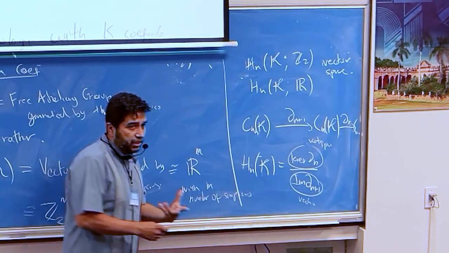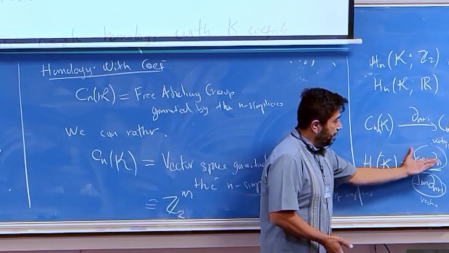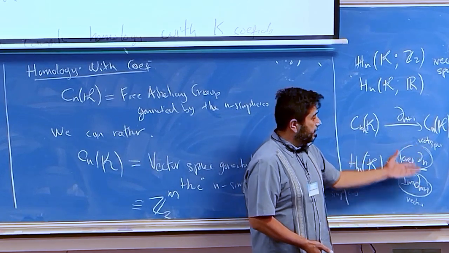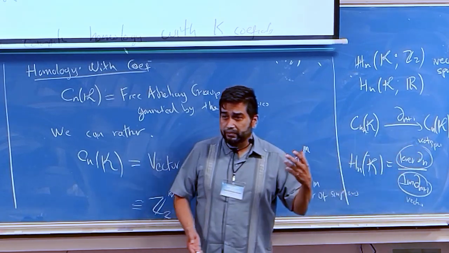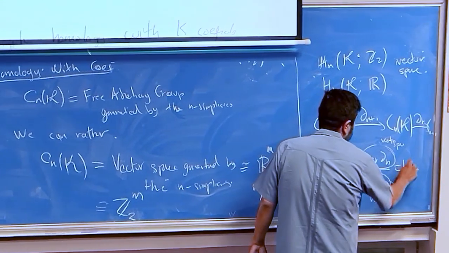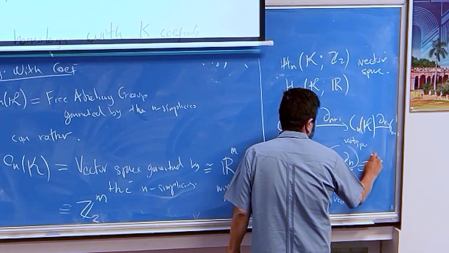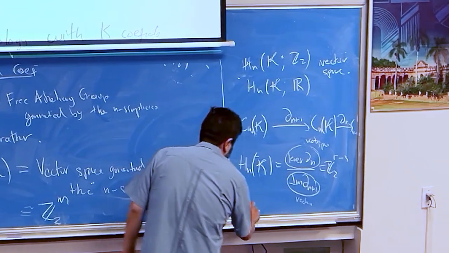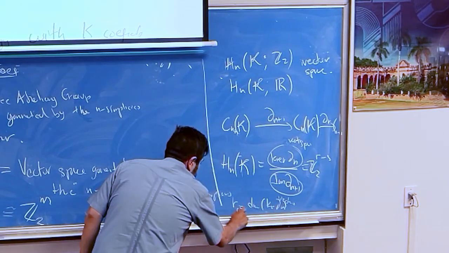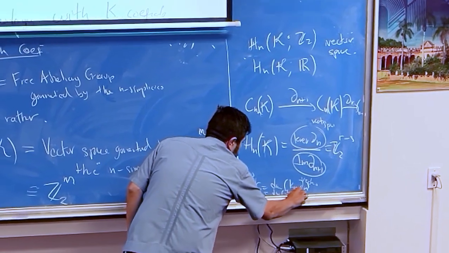The only thing that we need to compute here are the dimensions of the spaces. So what is the dimension of this space divided by the dimension of this space? That will mean that the total dimension is just the subtraction of dimensions. So at the end, it's just going to be R minus S, with R the dimension of the kernel of Dn, and S the dimension of the image of Dn+1.